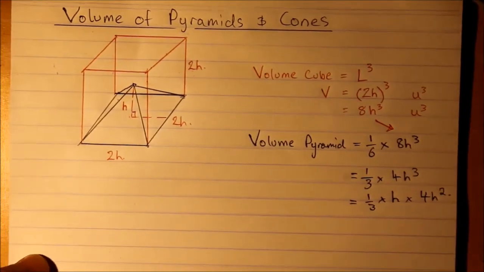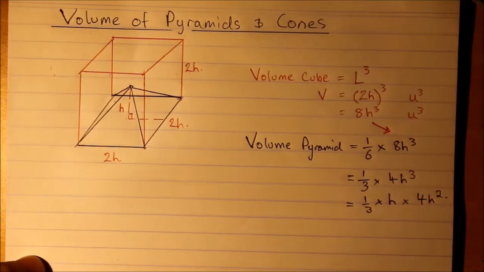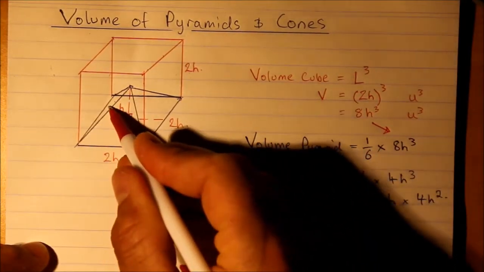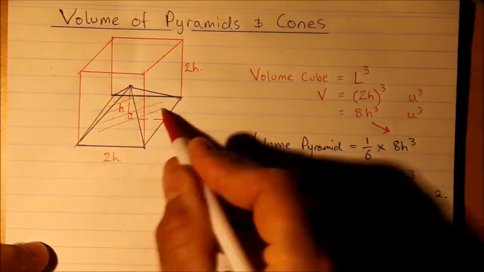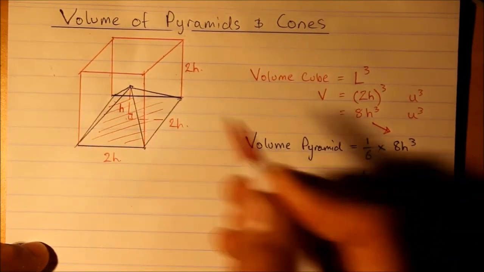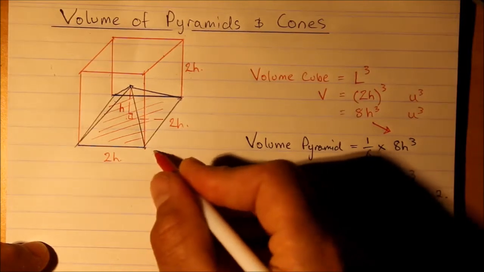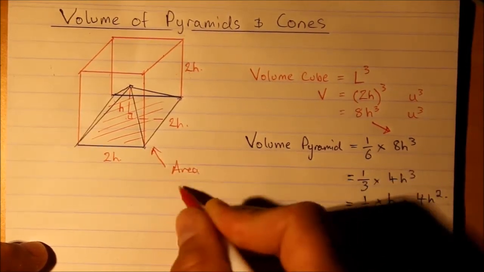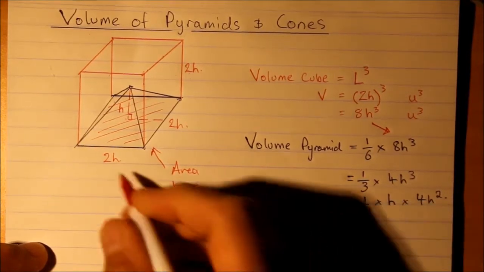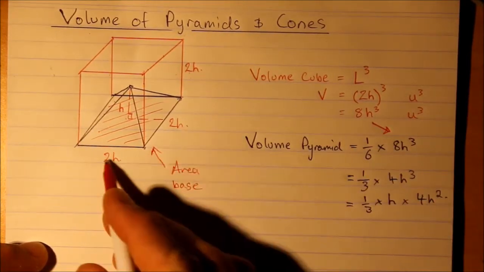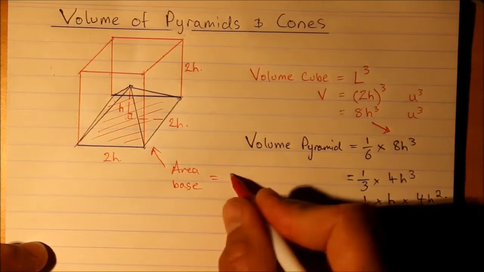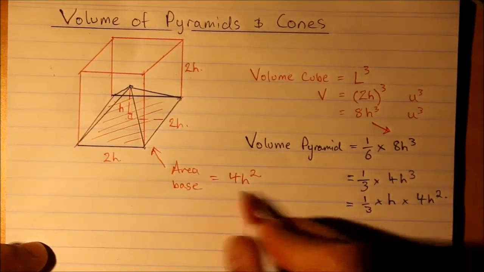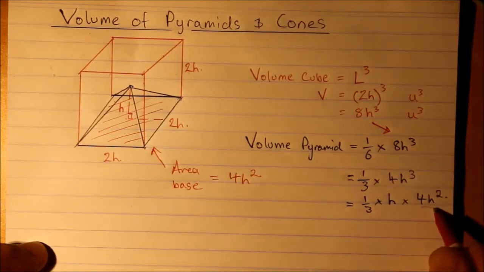So why are we doing this? Well, let's have a look at what the area of the base of this pyramid is. Area of the base, well, in this case it's 2h by 2h, which means it's 4h squared, which just happens to be this part.